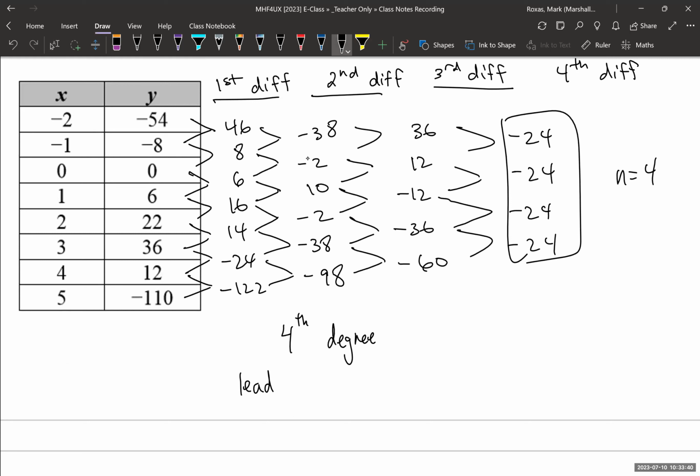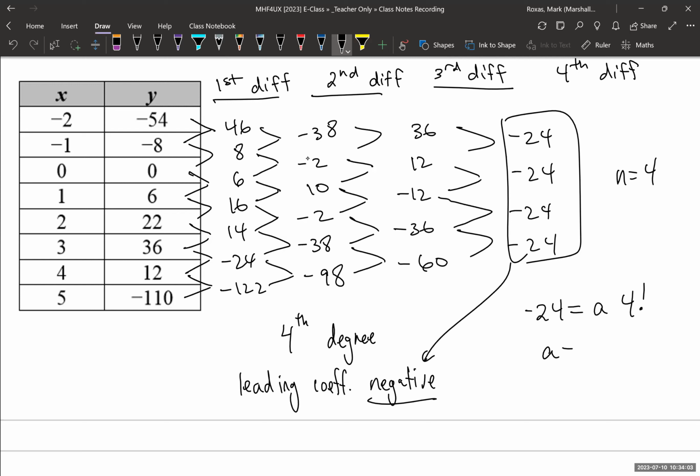The leading coefficient of my polynomial is going to be negative because the fourth differences are negative. All right. Fourth differences are negative 24, equal to a times 4 factorial.